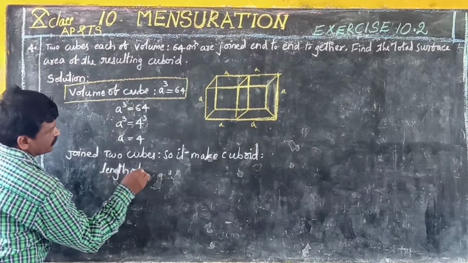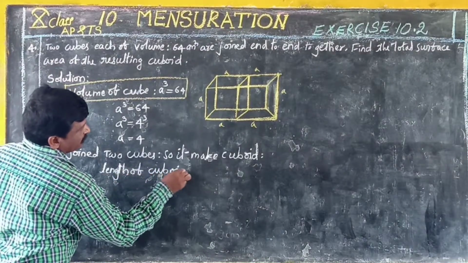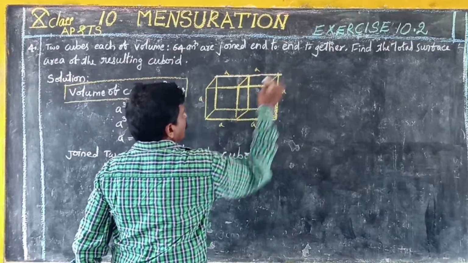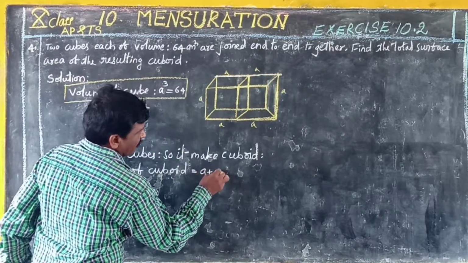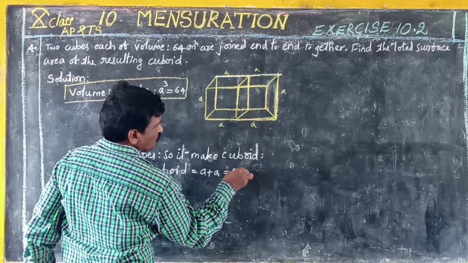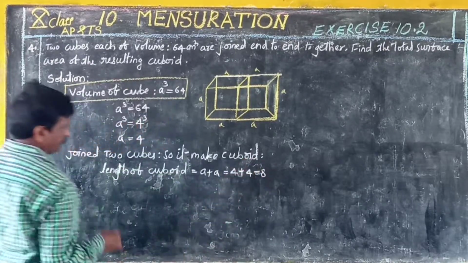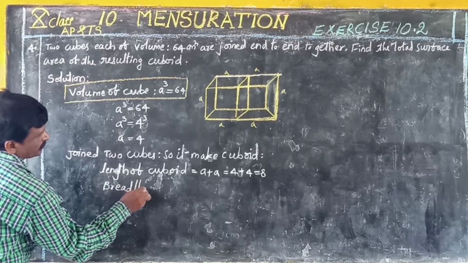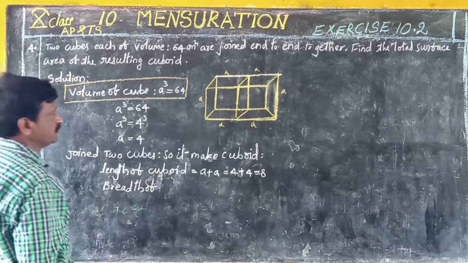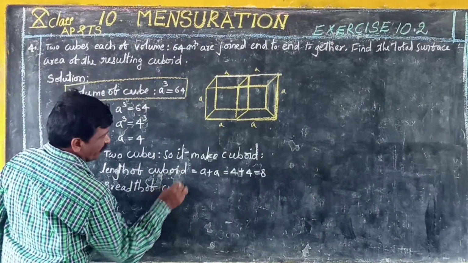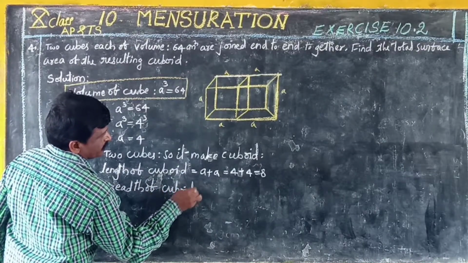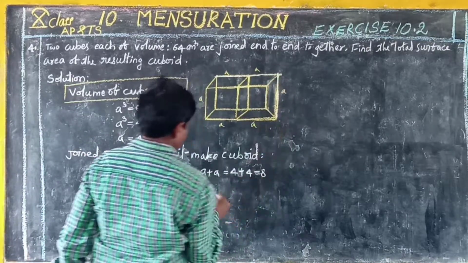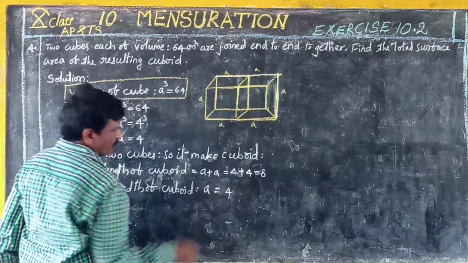Length of the cuboid is a plus a, which is 4 plus 4, equal to 8. Breadth of the cuboid is also a, equal to 4.